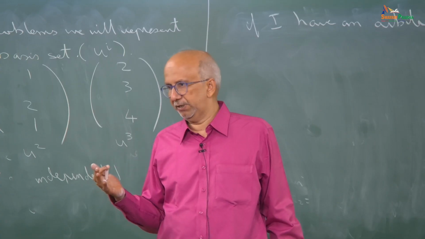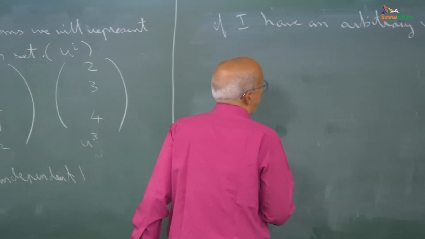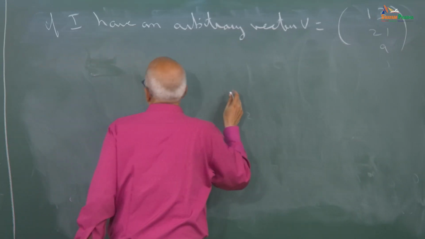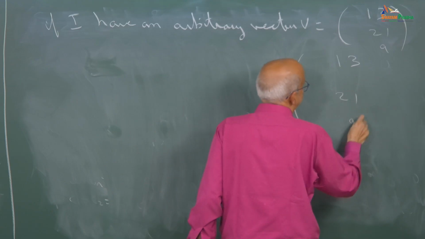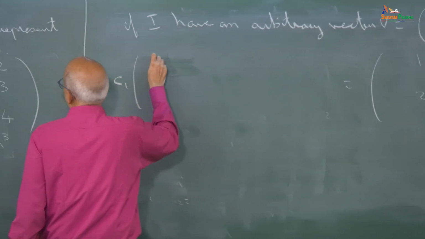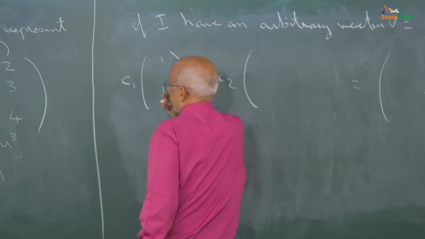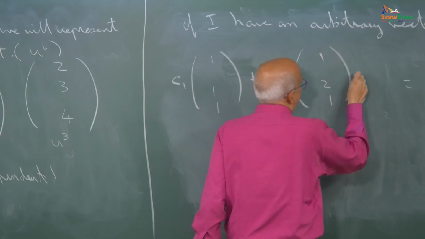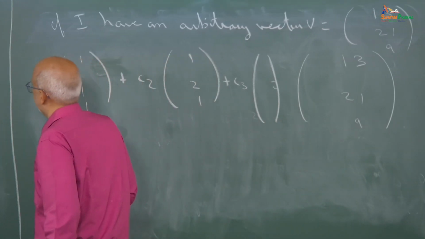Any vector in R3 can be written as a linear combination of the bases. So, now on the right hand side I want to write (13, 21, 9) as C1 multiplied by (1, 1, 1) plus C2 multiplied by (1, 2, 1) plus C3 multiplied by that crazy thing which is (2, 3, 4).